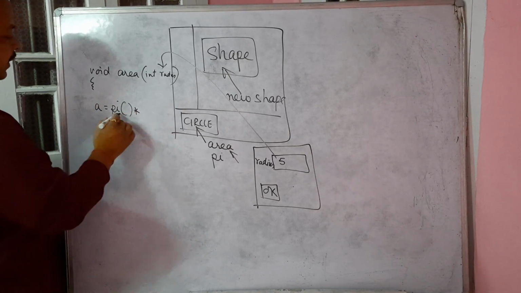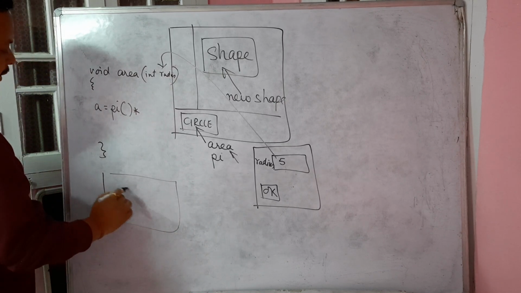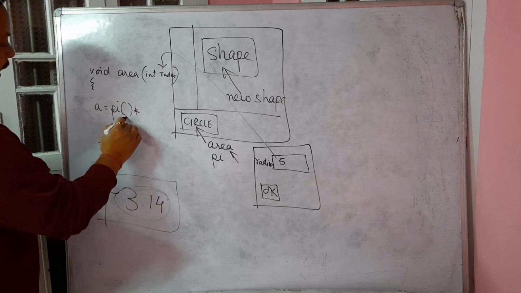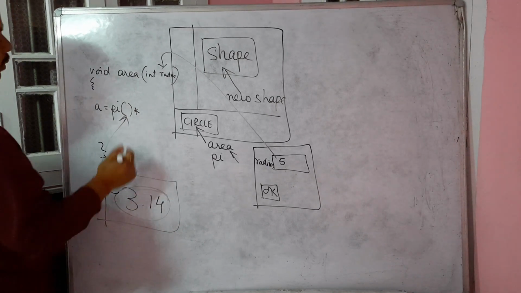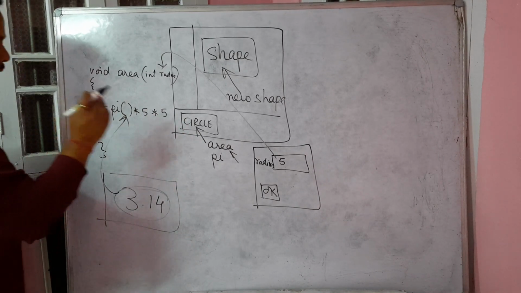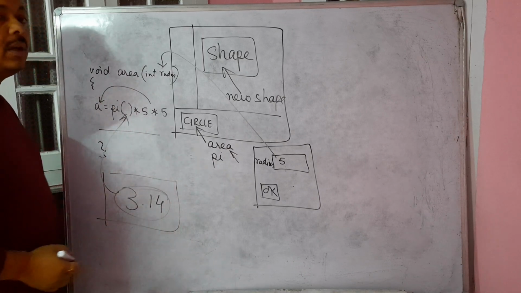When the pi function is called, it will return 3.14 over here, and with that value of pi, 3.14, it will multiply with 5 two times, and whatever the result, that will go to A and be displayed on your terminal window.